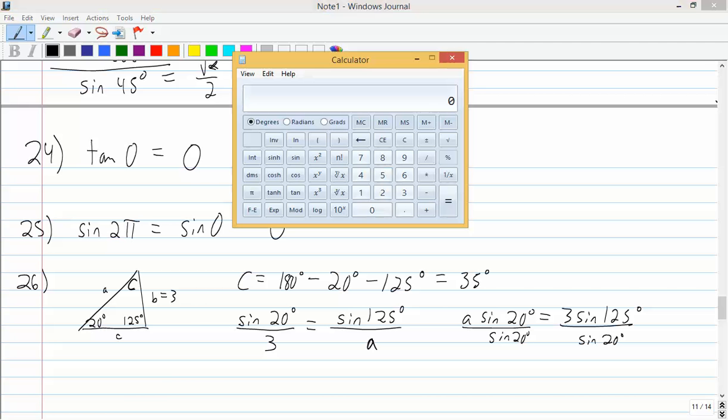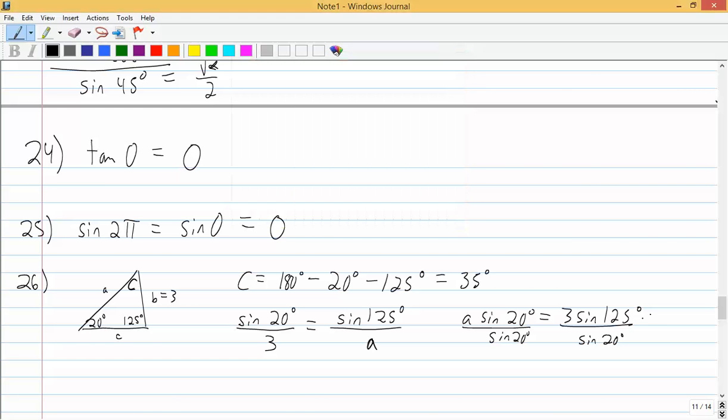Make sure that your calculator's in degree mode, and you'll say 3 times sine 125, you may want to hit equals first, then divided by sine of 20 equals. All right, so I got, if you round it to 2 places, 7.19.